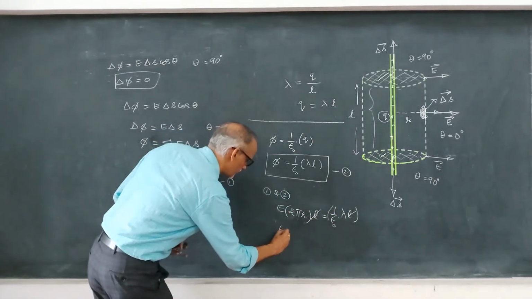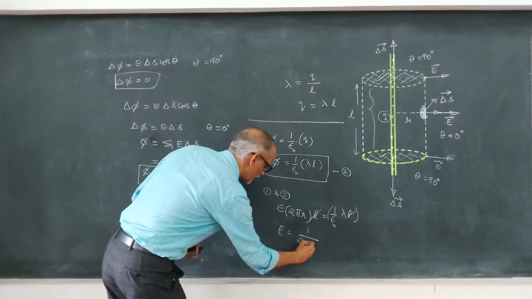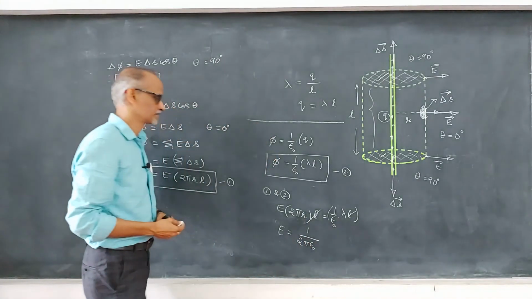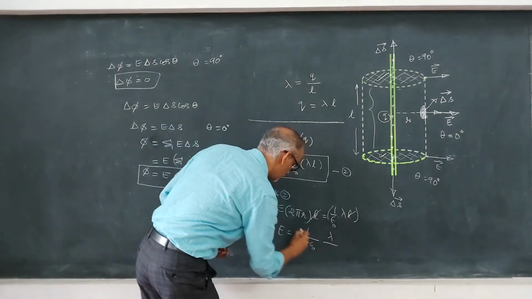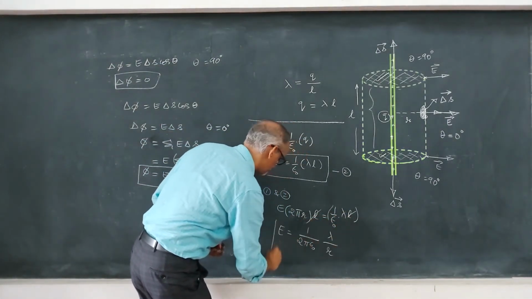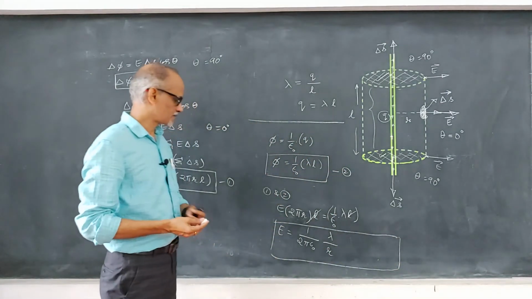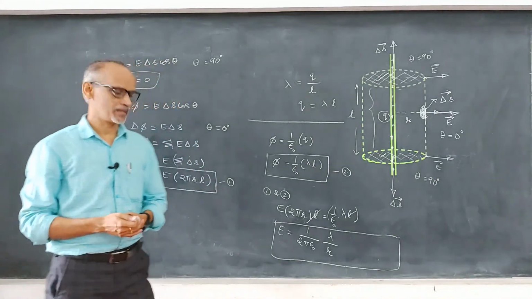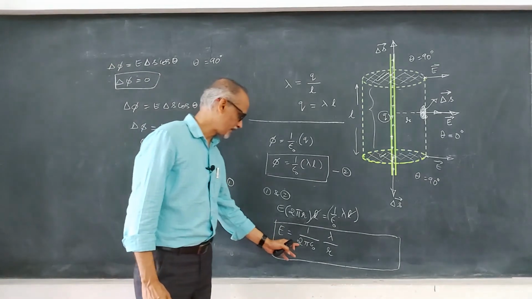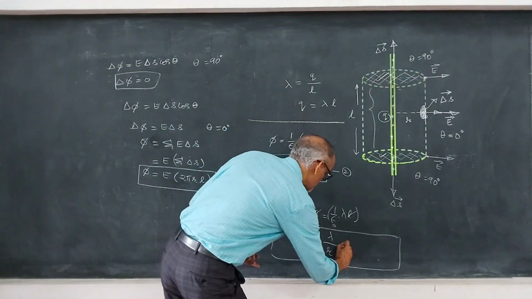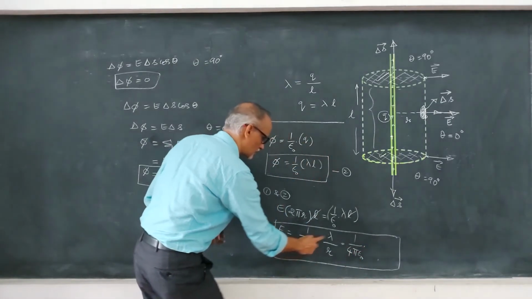Rearranging, E is equal to 1 by 2 pi epsilon naught into lambda by R. You can even multiply this by 2 so that we write the same expression in terms of 1 by 4 pi epsilon naught: 1 by 4 pi epsilon naught into 2 lambda by R.